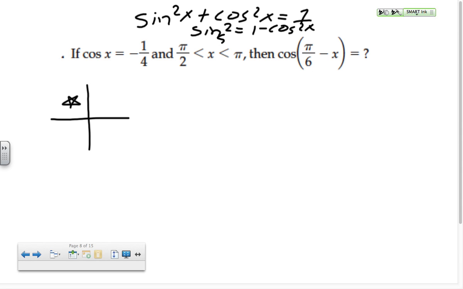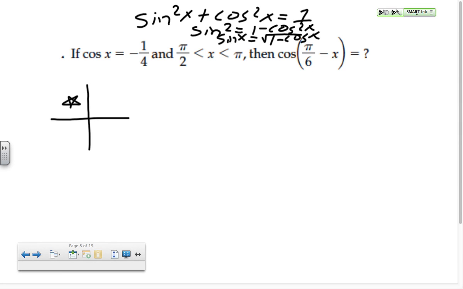So sine of x is going to equal the square root of 1 minus cosine squared x. Sorry, that's really messy. This idea, that sine x equals the square root of 1 minus cosine squared x, and vice versa, that cosine x equals the square root of 1 minus sine squared x, is going to be important. So let's find sine x first.